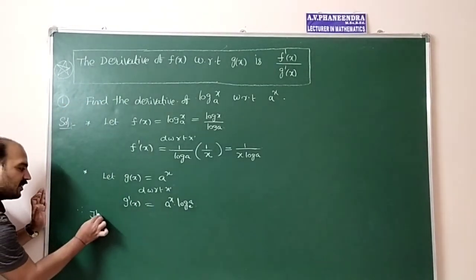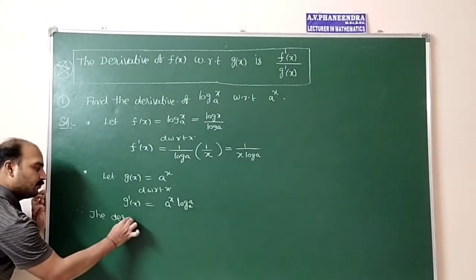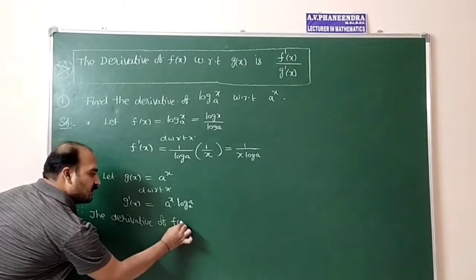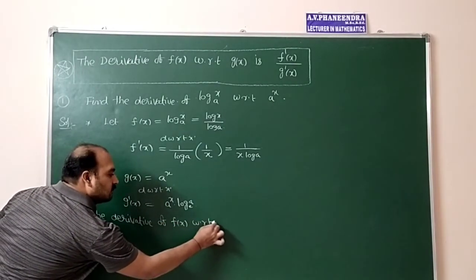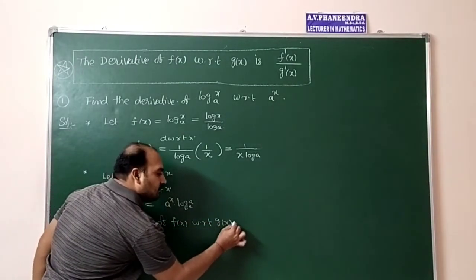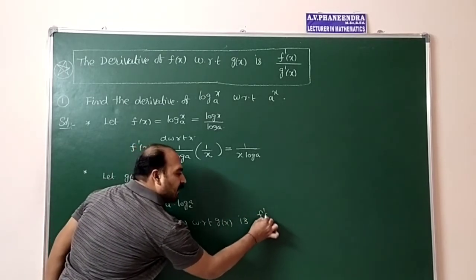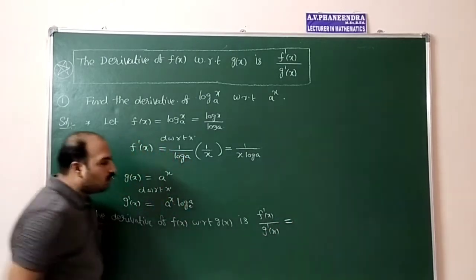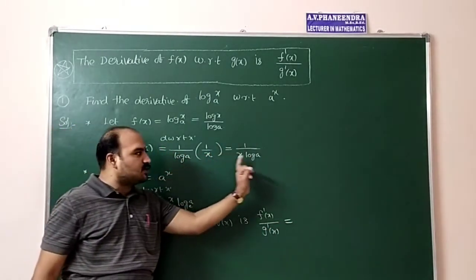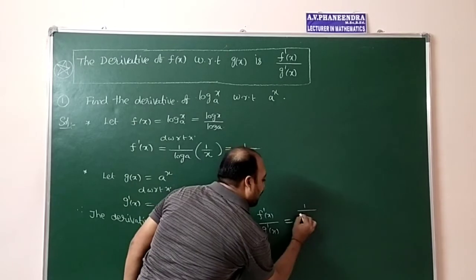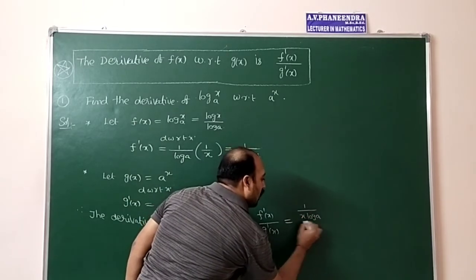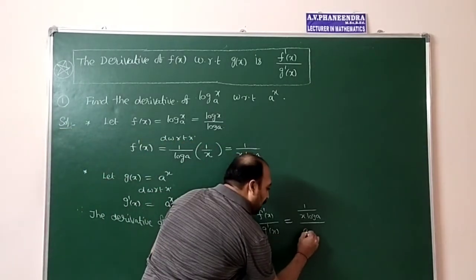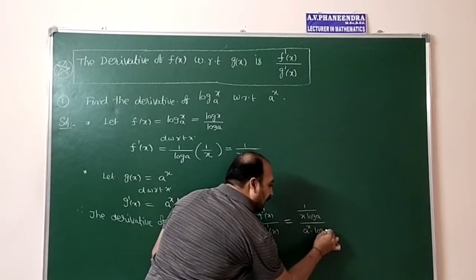Therefore, the derivative of f of x with respect to g of x is f dash of x divided by g dash of x. That is equal to, what is f dash of x here? 1 by x into log a, whole divided by g dash of x, a power x into log a to the base e.